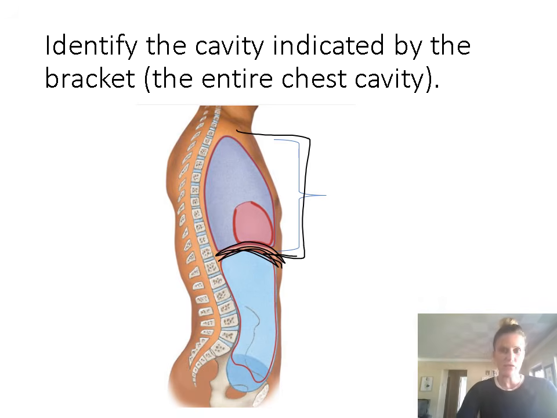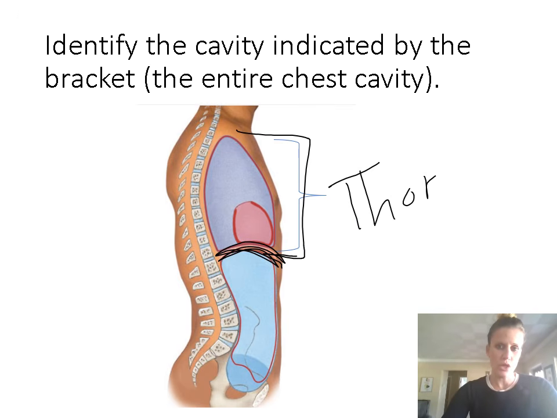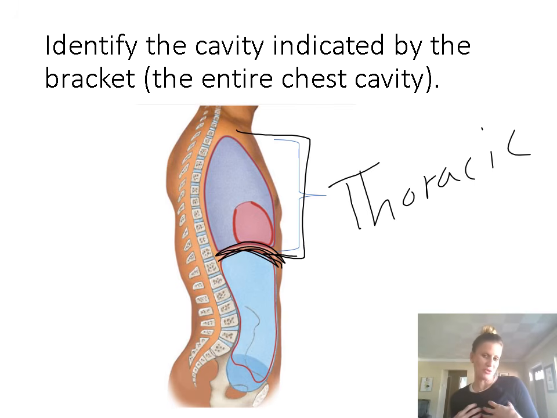So this is asking for this whole top chest cavity. That we said is the thoracic cavity. Now inside of that we have pleural cavities and pericardial cavity and mediastinum, but the whole chest cavity is the thoracic cavity.